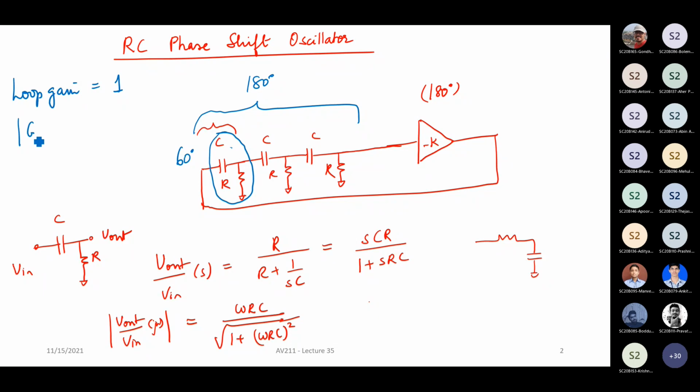So the magnitude of the loop gain is 1 and the angle of the loop gain is either 0 degrees or multiples of 360 degrees, right? This is the Barkhausen's condition. So if this circuit has to oscillate, the gain around the loop should be 1 and the phase around the loop should be 0 degrees or multiples of 360 degrees.